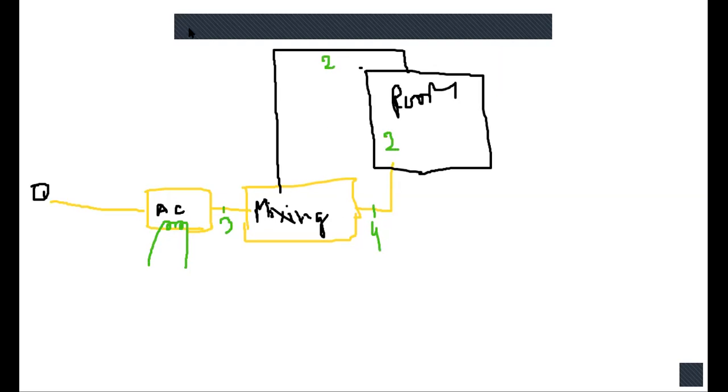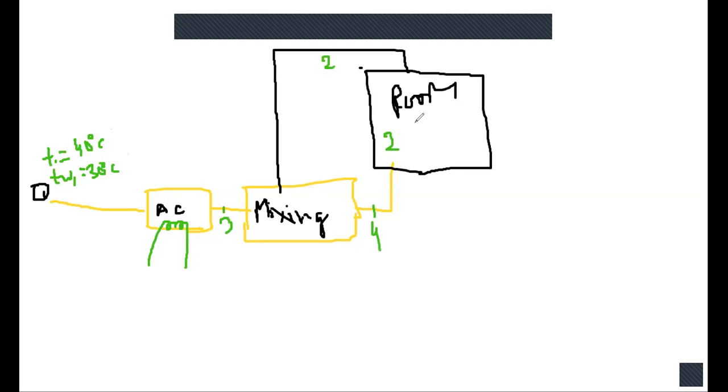Now, first of all, the value T1 is 40 degree, TW1 is 30 degree. It is given. Write down all the given data.